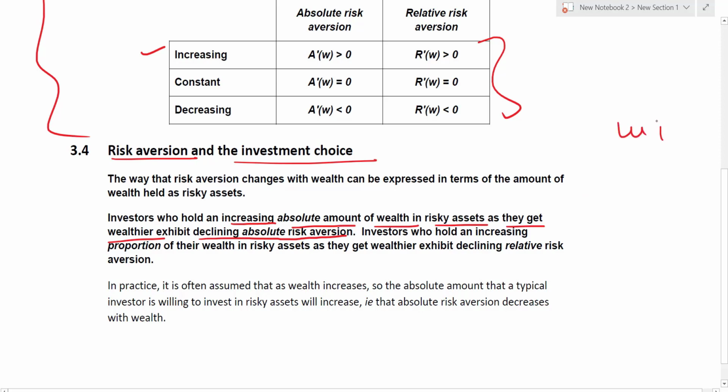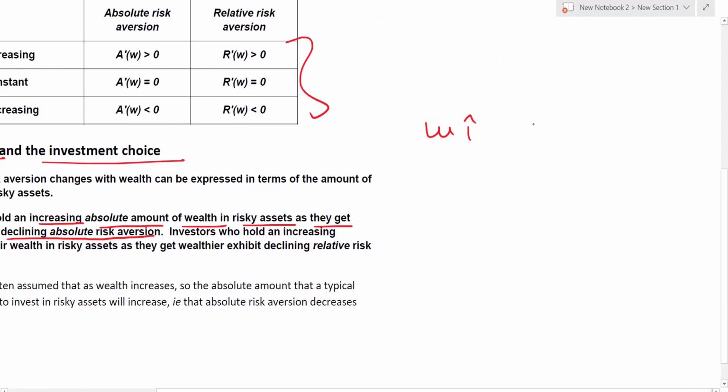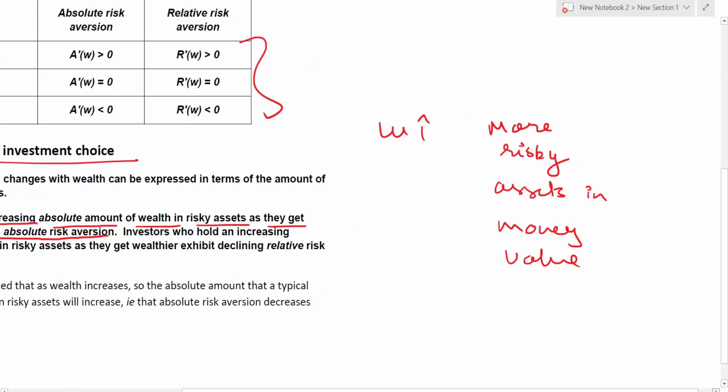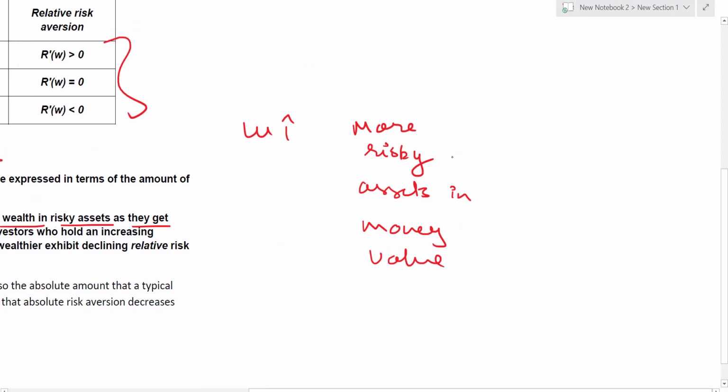So if my wealth is increasing and I'm holding more and more risky assets in money value or absolute terms, then what does this mean? This means that as my wealth increases, I'm getting less risk averse, or less afraid, right? Because I'm holding more risky assets. So this shows a declining absolute risk aversion.